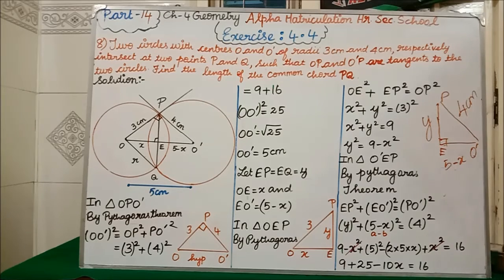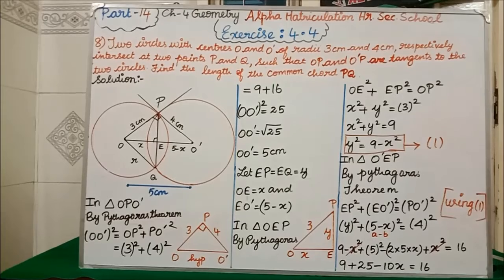Now instead of y square, we have 9 minus x square. Using equation 1, y square equals 9 minus x square. So in the next step, I am substituting 9 minus x square in place of y square.